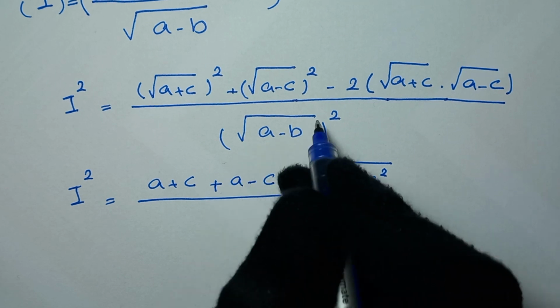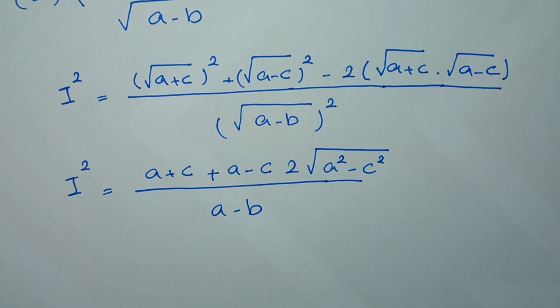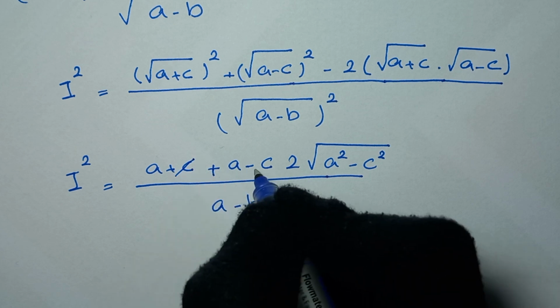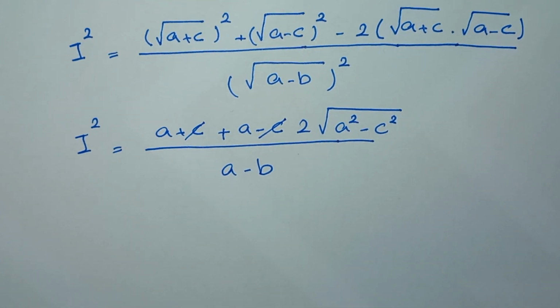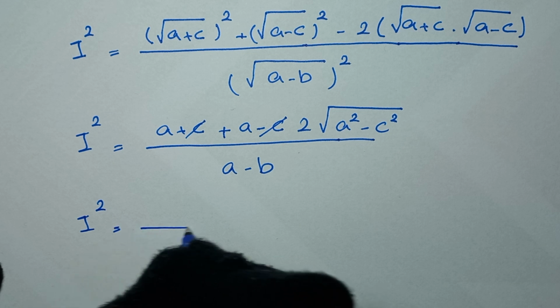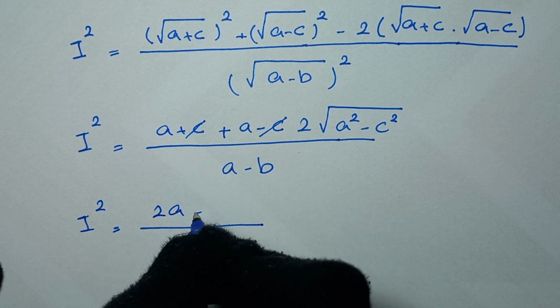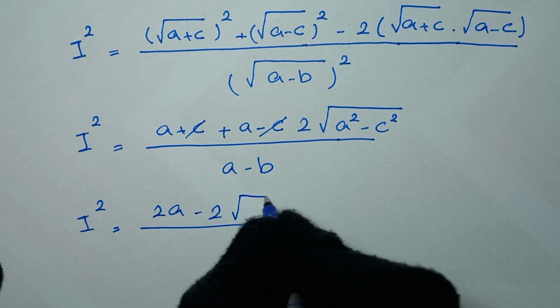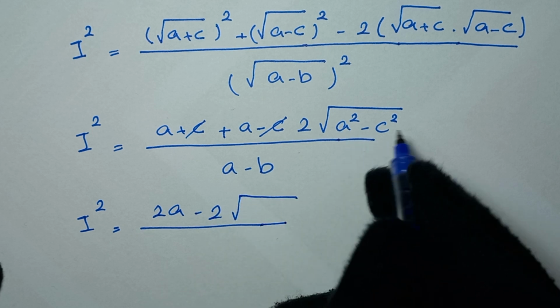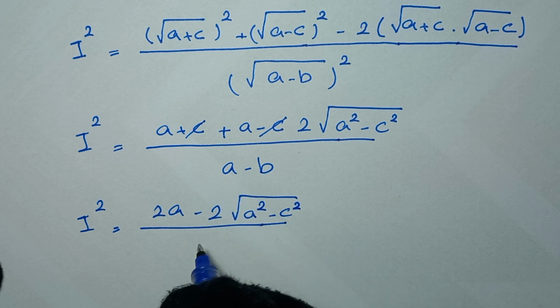And this to the power of 2, it will be a minus b. So in here this c will cancel this, and I square is equal to a plus a is 2a, and minus 2 square root of a square minus c square, over a minus b.